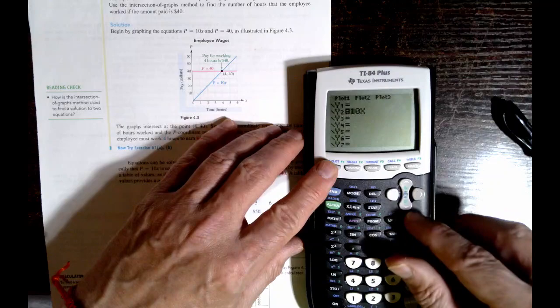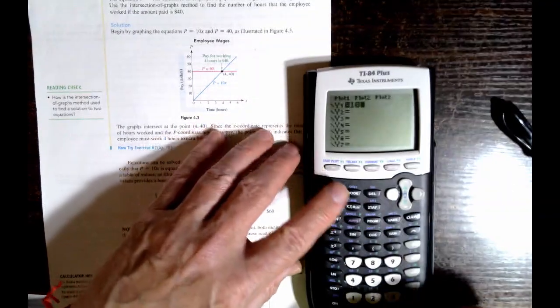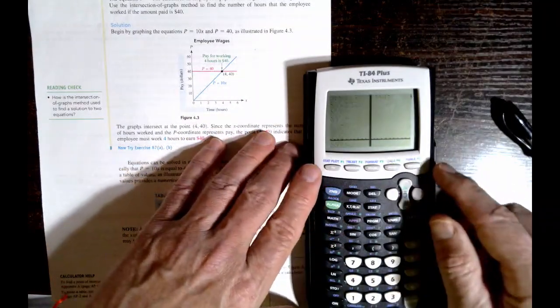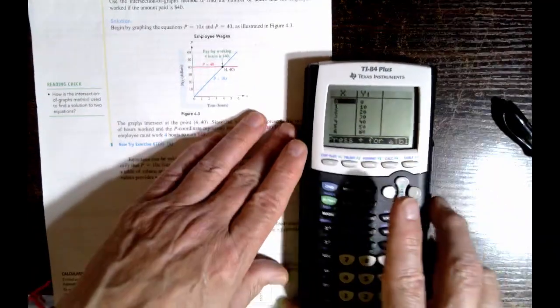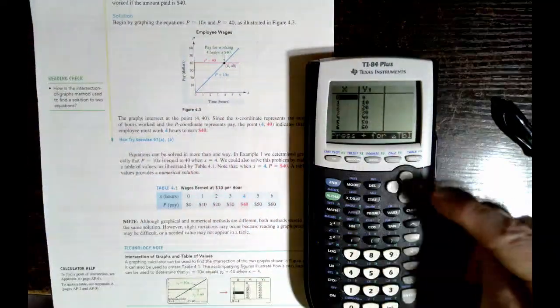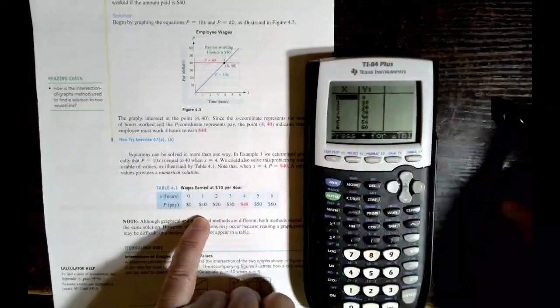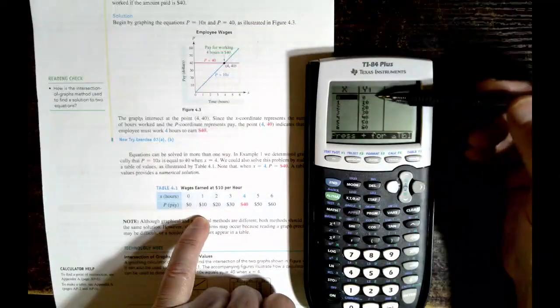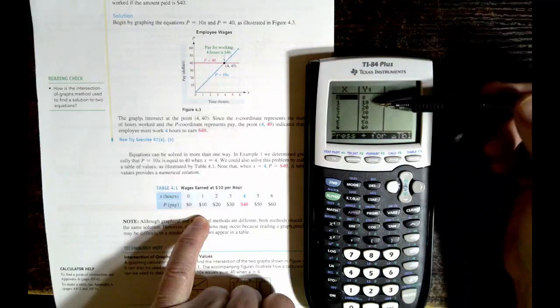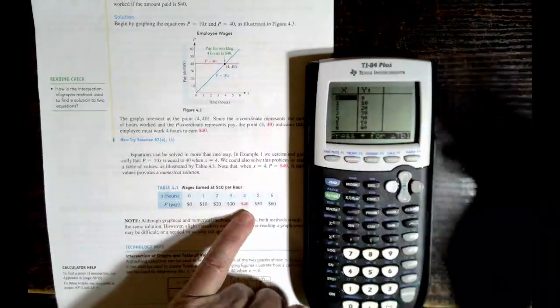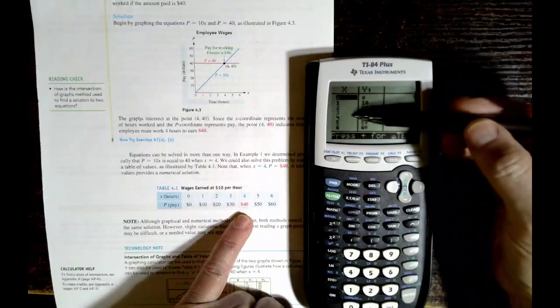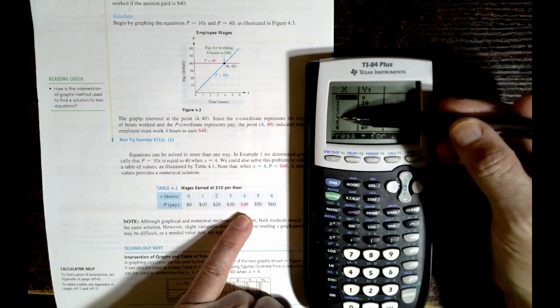We just need the 10x here. So I typed in y equals 10x, and now I've got my table: 0, 0, 1, 10, 2, 20, 3, 30, 4, 40, and so on. So you just look where your pay is $40, and you look at the corresponding x value, which is 4.